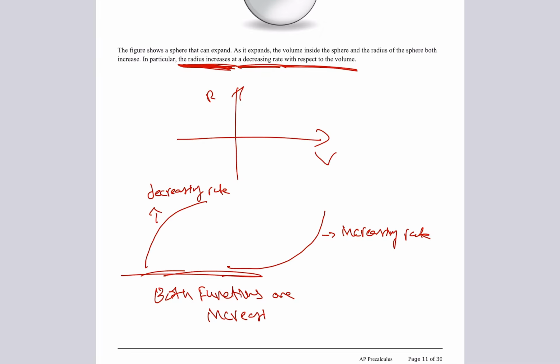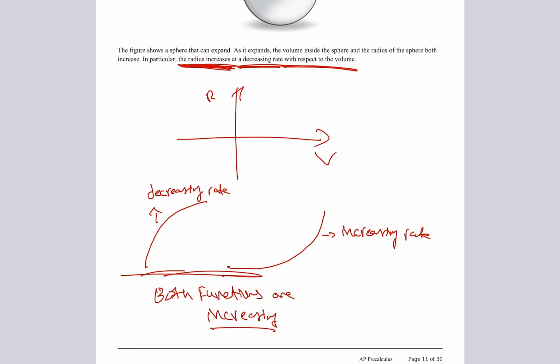It's not as if one is increasing and the other is decreasing. No, both are increasing. But one is increasing at a decreasing rate, which means as we move further, it's going to be increasing, but at a rate that's decreasing. But the second function is increasing at an increasing rate.